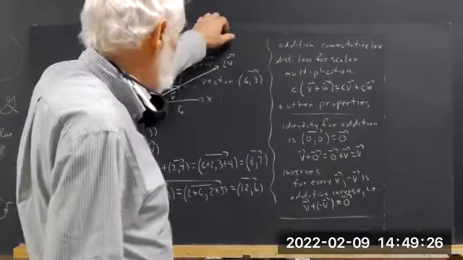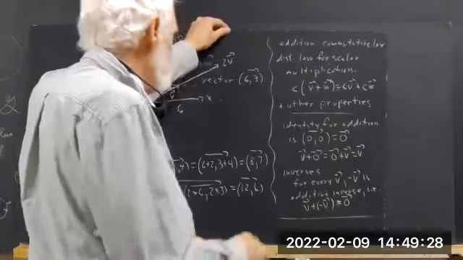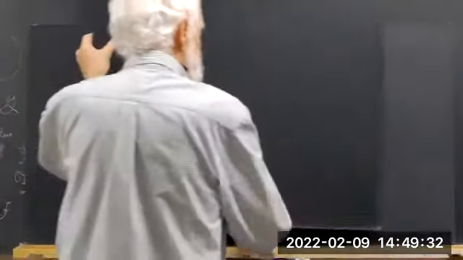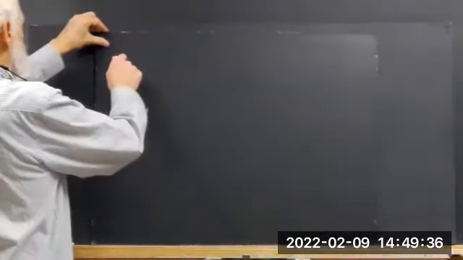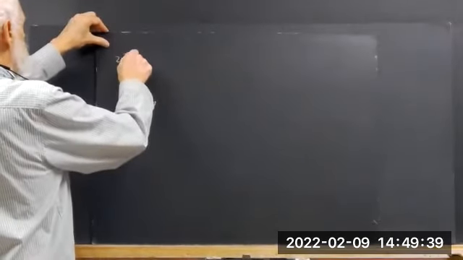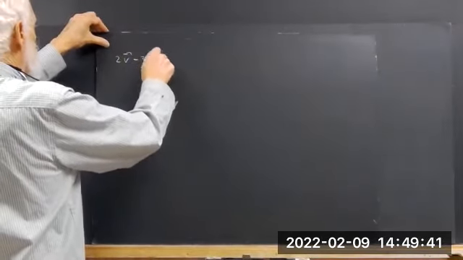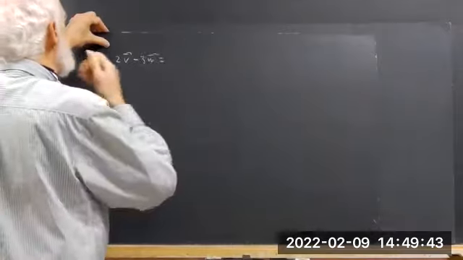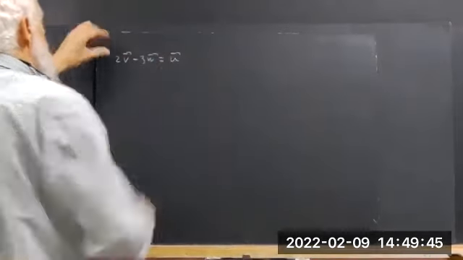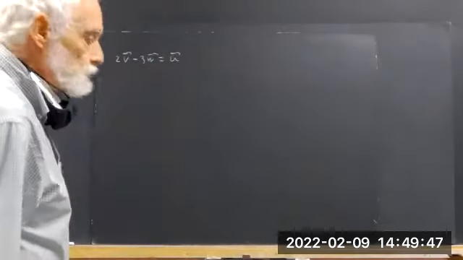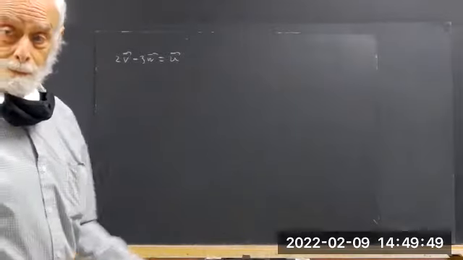So let's say we have an equation like 2V minus 3W equals U. Now these are vectors.